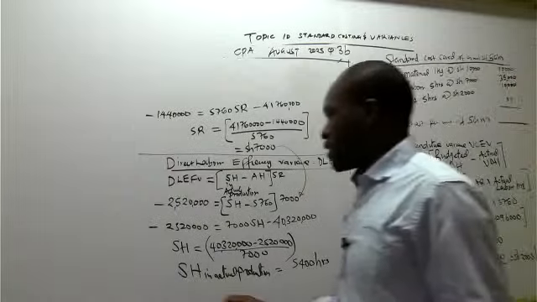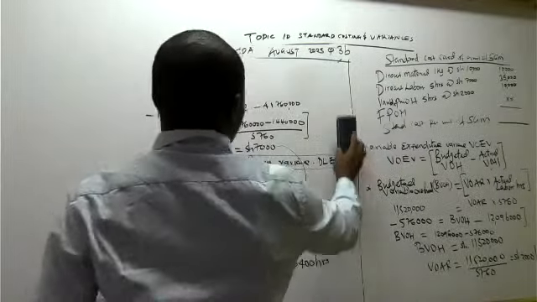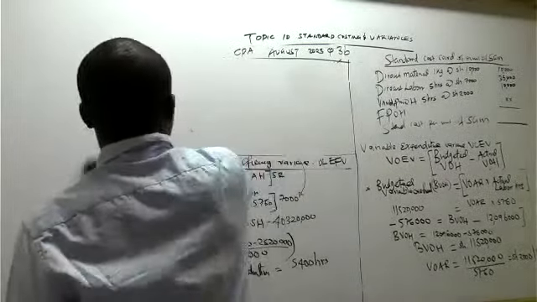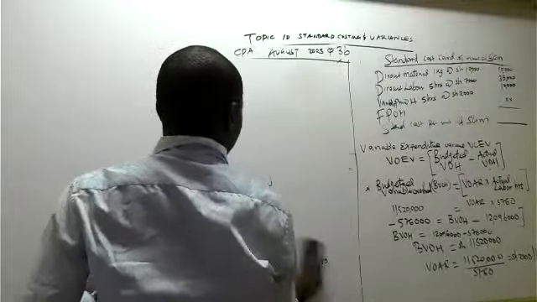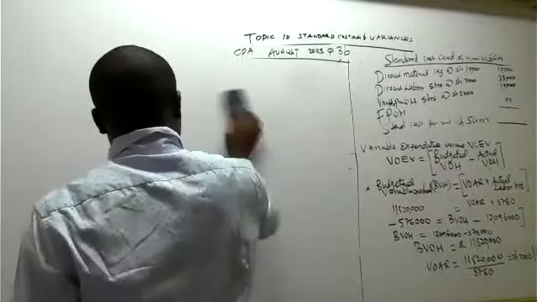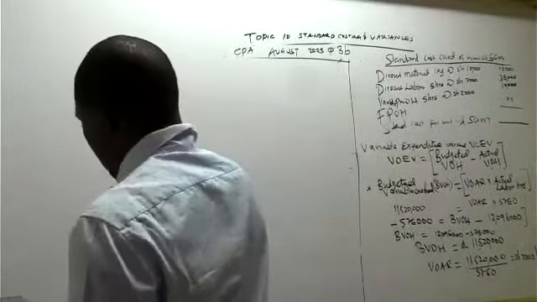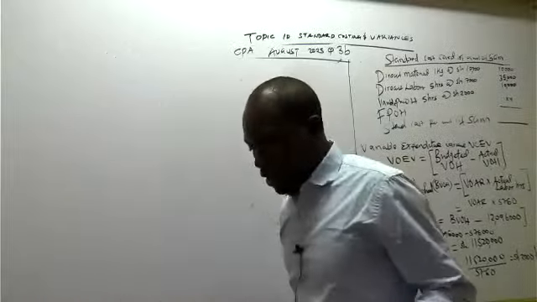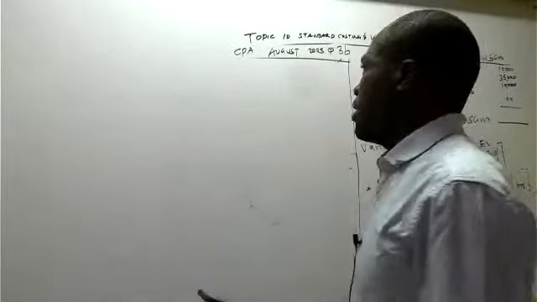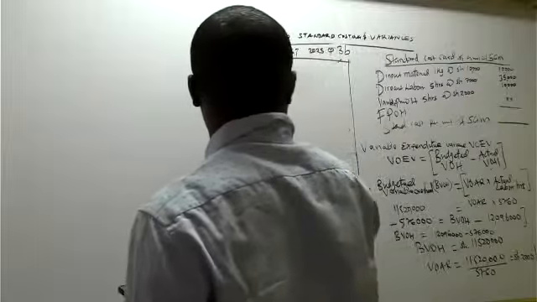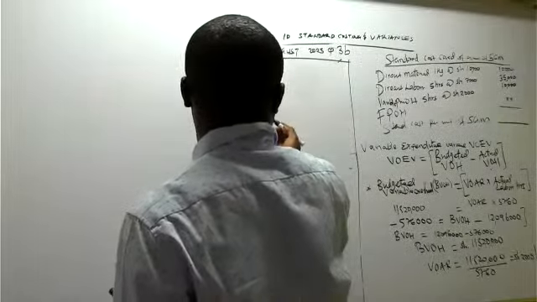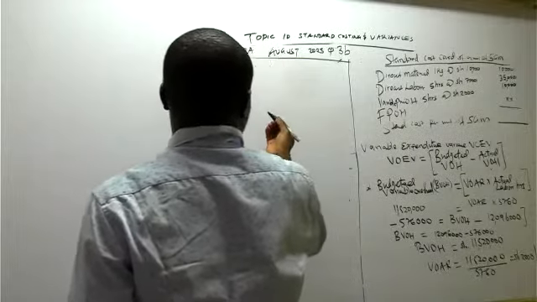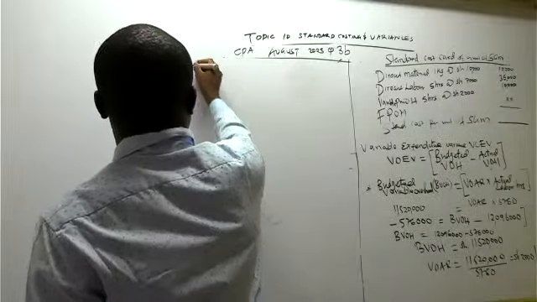Then I want you to do the same for me. If you are dealing with overheads, we're going to look at the labor hours. The labor hours will be guiding you. So the next thing, we need to look at fixed overhead expenditure variance.